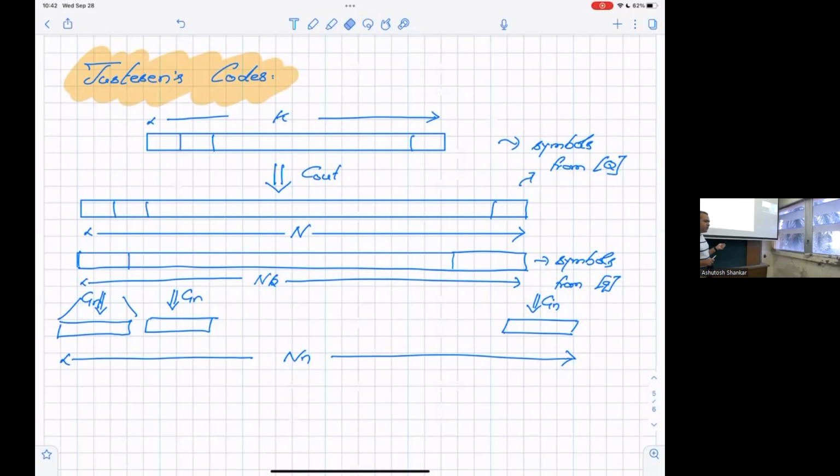But if you look more carefully, we don't need all the inner codes to be good. If most of them are good codes, that's good enough, because for the small fraction of bad inner codes we will not get distance in those places, but all the rest will.